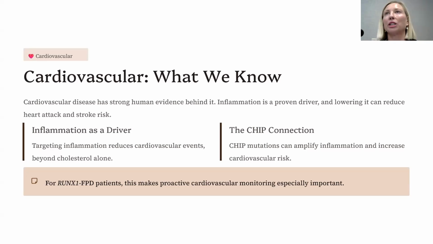All of us, general population as well, will acquire some of these, perhaps just later in life. TET2 mutations are one that there's a little more concern about in the cardiovascular space. TET2 mutations are known to drive inflammation in some of the downstream blood cells, and those blood cells are linked to promoting plaque and cardiovascular pathogenesis in the heart.